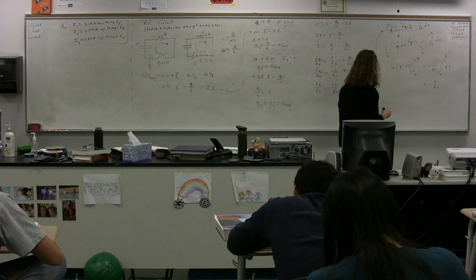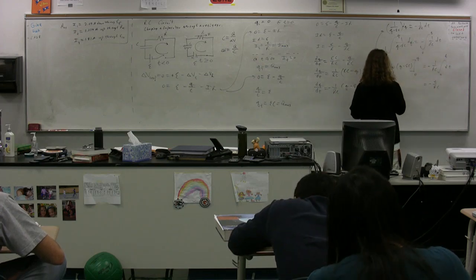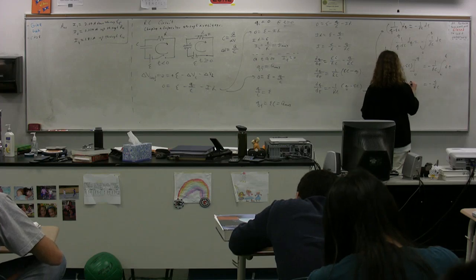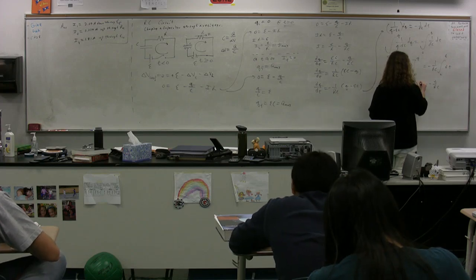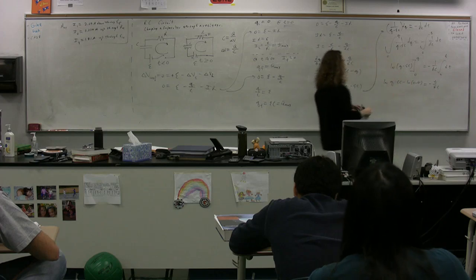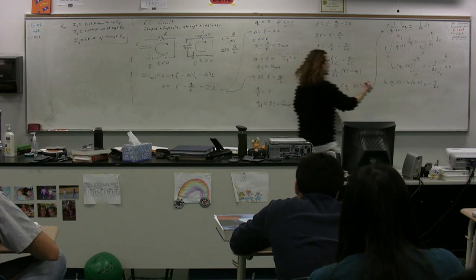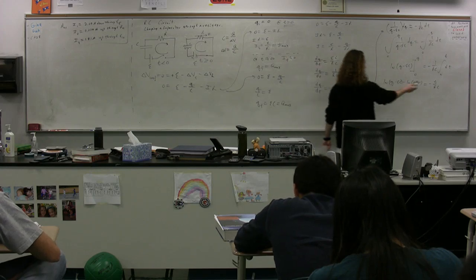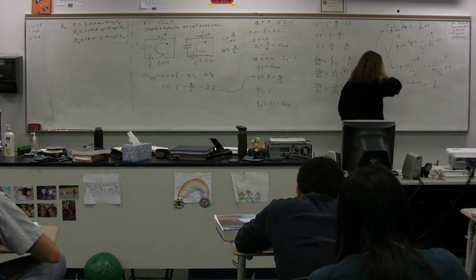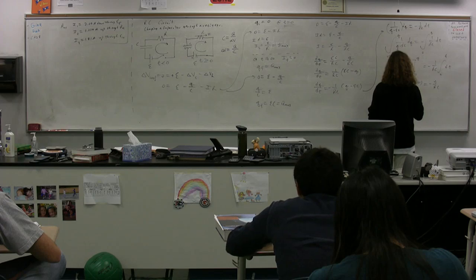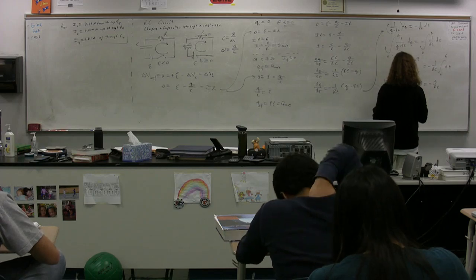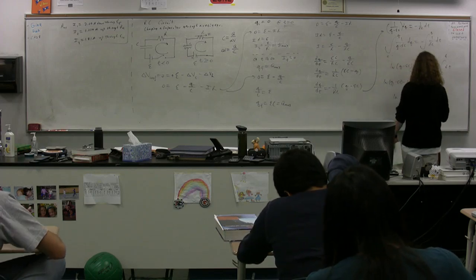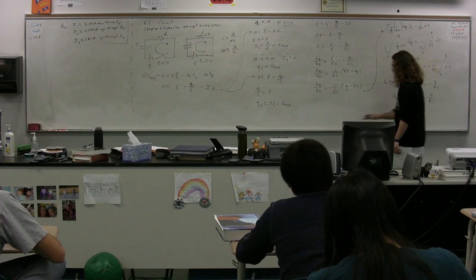On the left-hand side, we have the natural log of Q minus EC minus the natural log of 0 minus EC. Just substituting in our final minus initial. Natural log of 1 minus the natural log of the other is just the natural log of Q minus EC over negative EC, which is equal to negative t over RC.